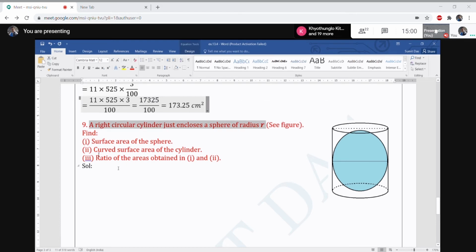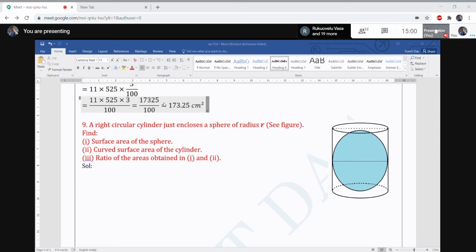Let me write this one. If the sphere is inside this right circular cylinder, we know that the radius of the sphere is r. That means, can anyone tell me what is the diameter of the right circular cylinder?